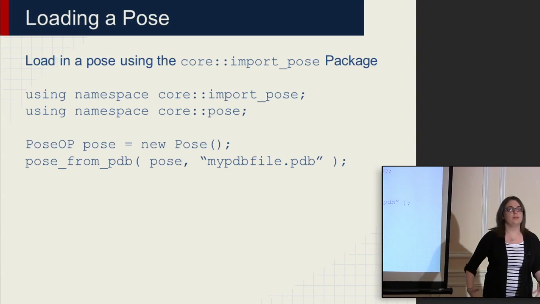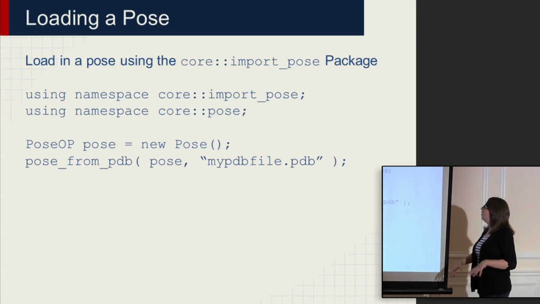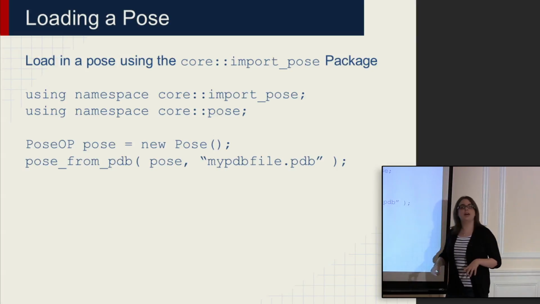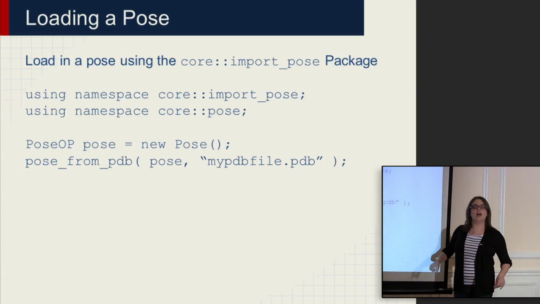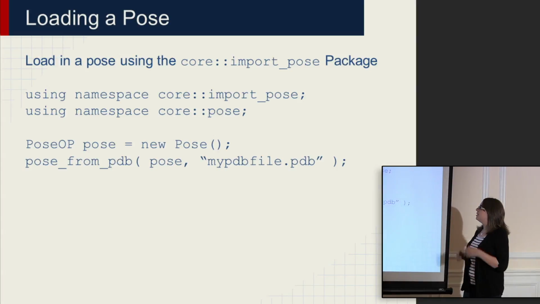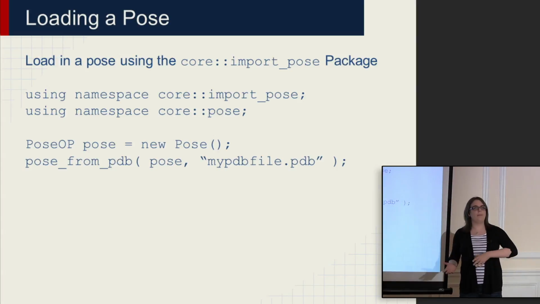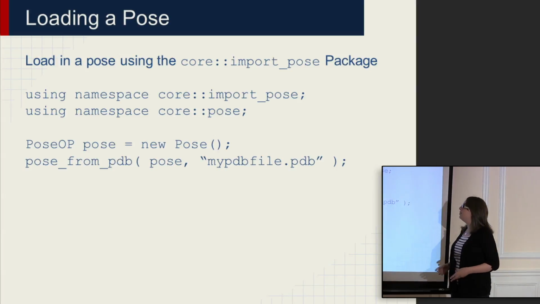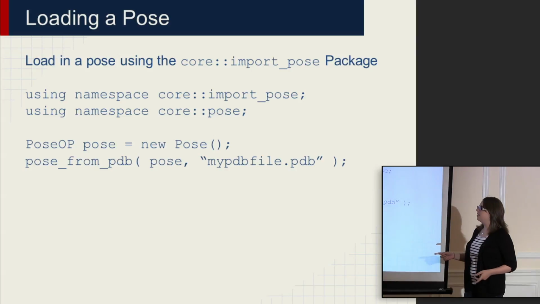So if you want to use a pose in Rosetta, you'll use the core import pose package. Andrew talked about namespaces a little bit earlier today. A namespace is what allows us to group different files in Rosetta together and associate them. So when I say using namespace, it means I'm using a method from that particular namespace. So to load in a pose, I'll create a new pose object.